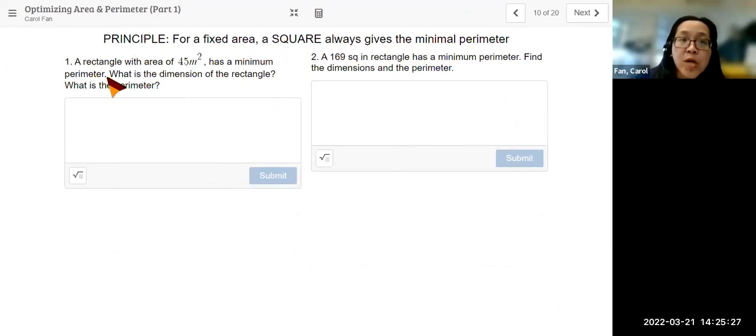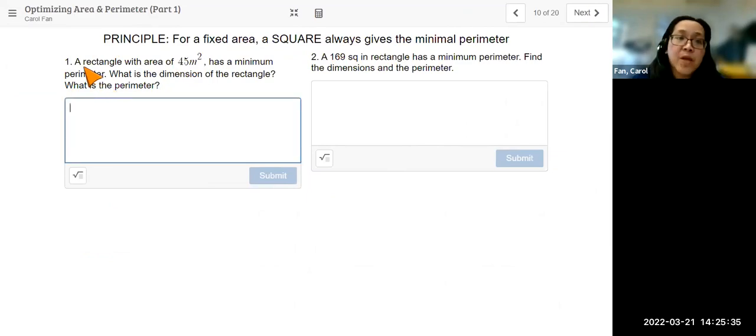So because I'm working with a square, I can use what I know about squares to solve problems. For example here, I have a rectangle with an area of 45 meters squared. It has a minimum perimeter. What's the dimension of the rectangle and what's the perimeter?